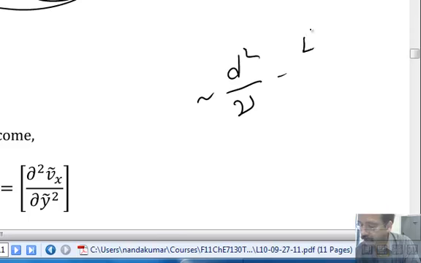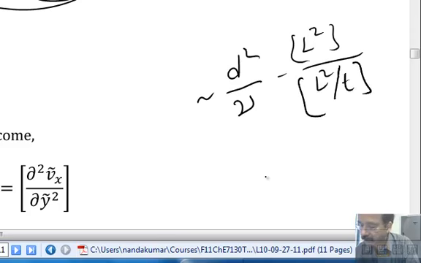This is going to be L square divided by time. So that will have the same units as time. So that combination of variables d square over nu will have the same units as time. So I can use that as the scale for putting time as a dimensionless variable. So t tilde is my dimensionless time.